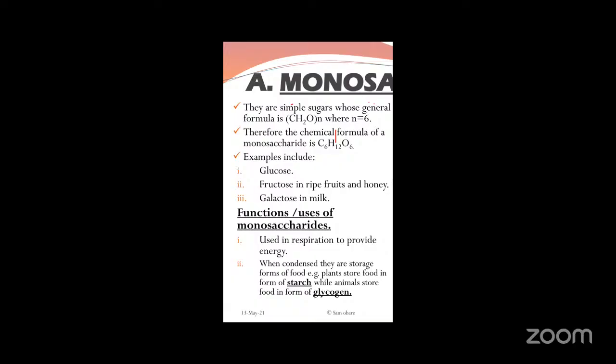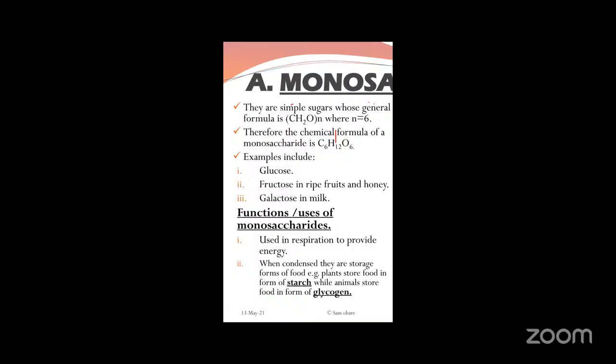So then we have, what are the functions of monosaccharides? Hizi monosaccharides zinatumika aje na kwa nini kwa mwili? Reason number one, or function number one of a monosaccharide is it is used in respiration to provide energy.